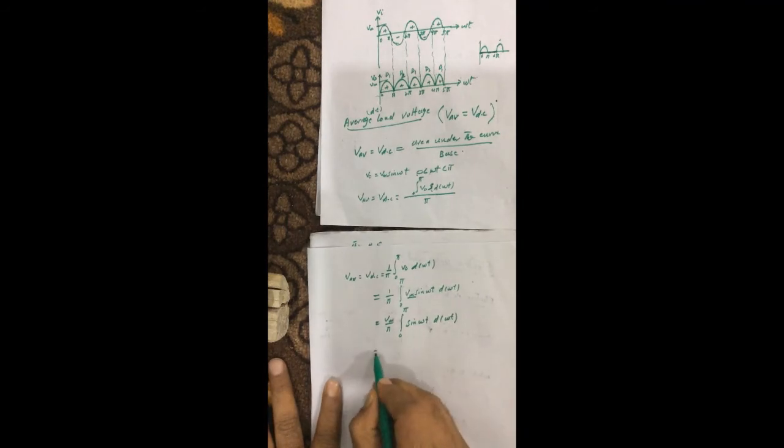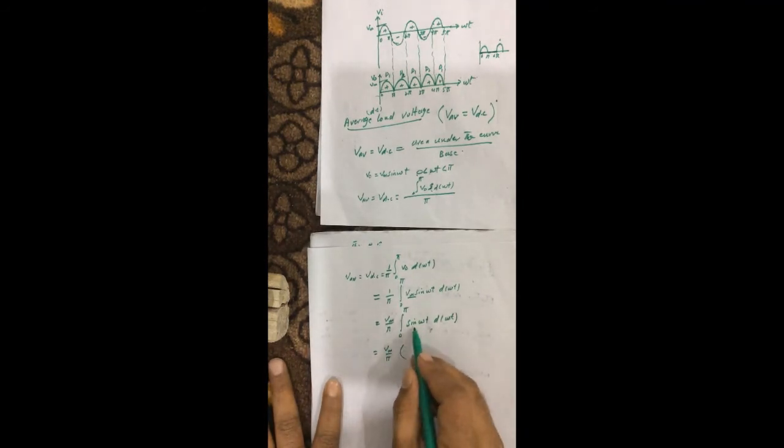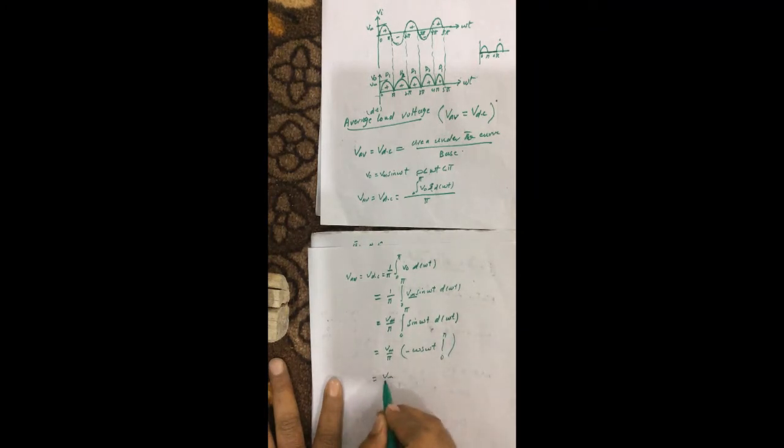Now we have to solve this integral, which is Vm over pi. If I integrate sin omega t, we get minus cos omega t, and the limits are from 0 to pi. So this is equal to Vm over pi times minus cos of pi minus minus cos of 0.